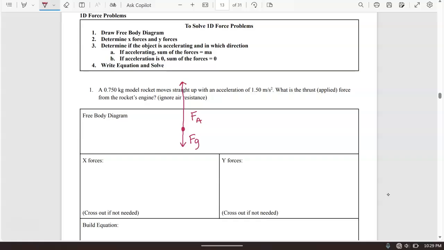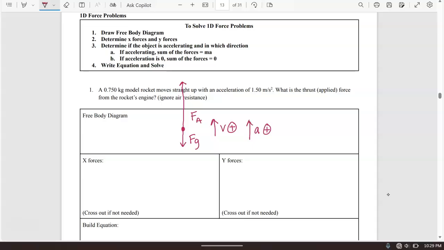However, we do want to make sure it's very clear in our free body diagram that we know that applied force is larger, which is why my arrow is so much dramatically longer here. We're moving straight up, so that's going to be a positive velocity arrow. And then my acceleration is going to be positive as well because that engine is on, making us accelerate upward.